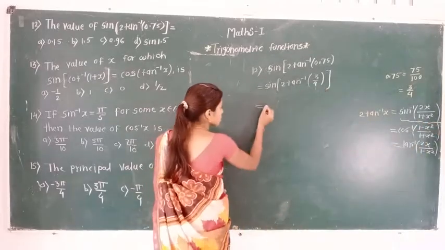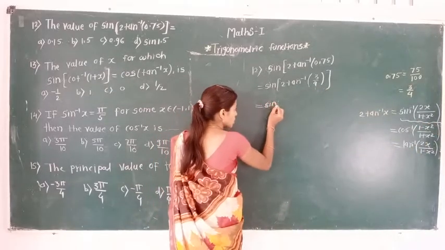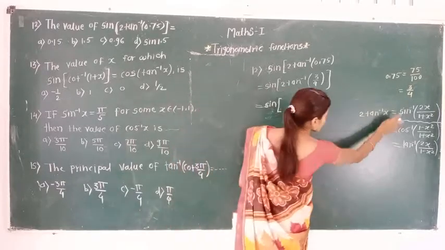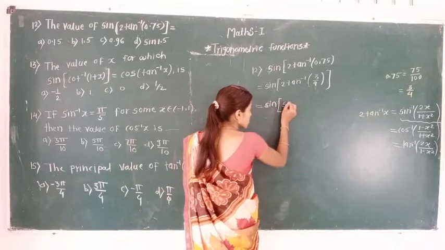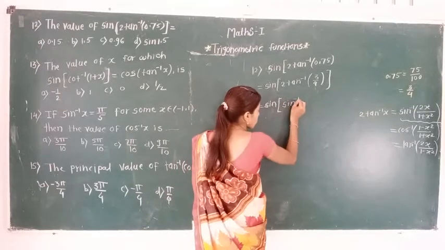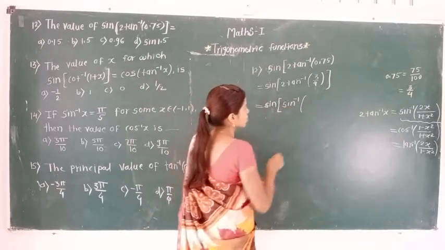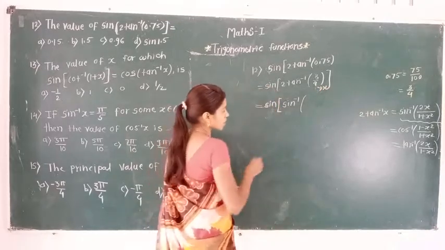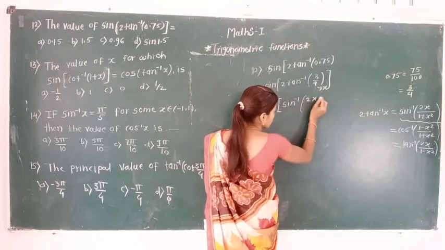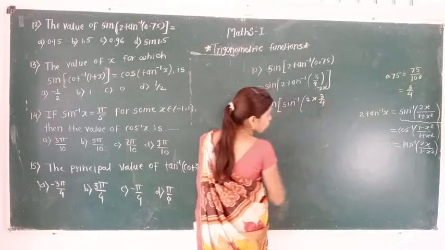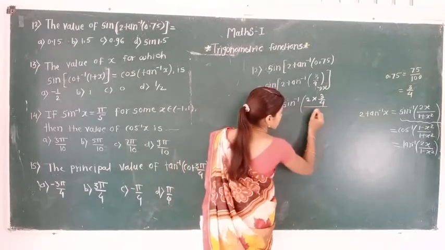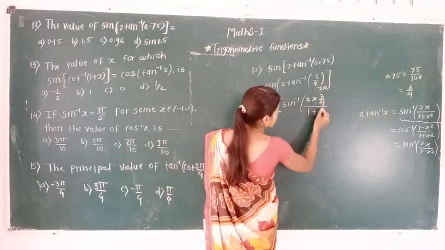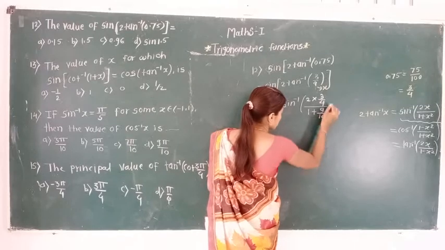We can write, here it is sine trigonometry, and 2 tan inverse in terms of sine inverse is sine inverse of in bracket, here x is 3 by 4, so we can write 2 into 3 by 4, whole term divided by 1 plus 3 by 4 square, which is 9 by 16.